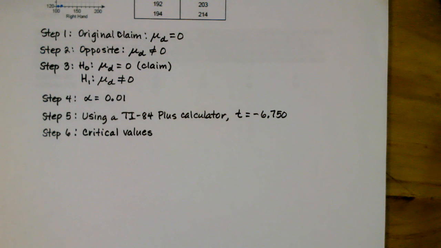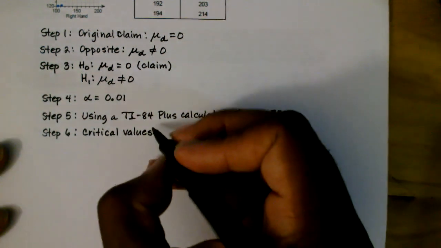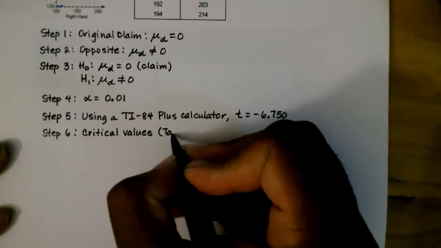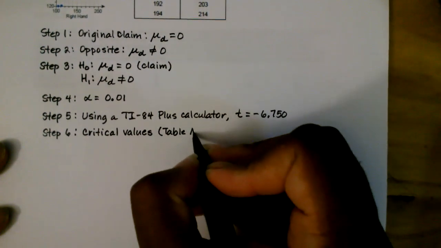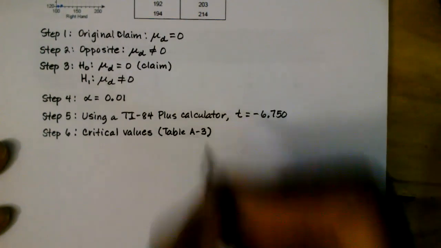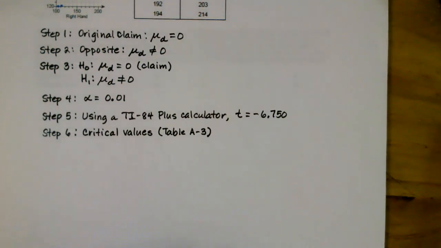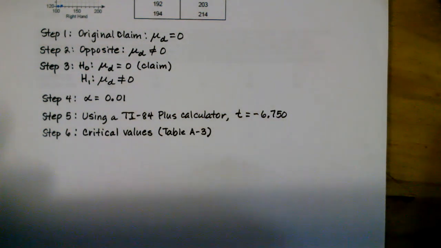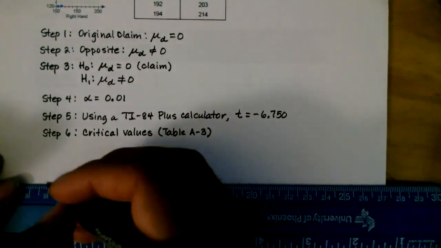Many of these problems we did in previous videos asked for the p-value, which was quite easy. But let's say they want the critical value. This is where we use table A-3. That would be the t-distribution. Okay, now here's what I'm going to do. I'm going to draw a normal curve for this.